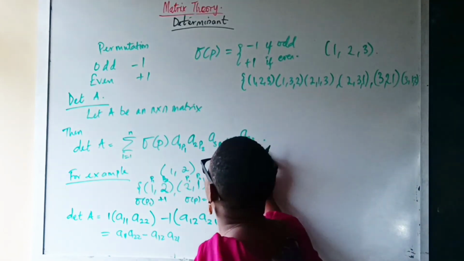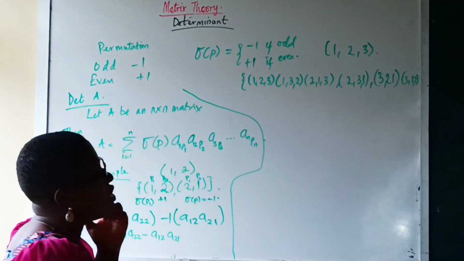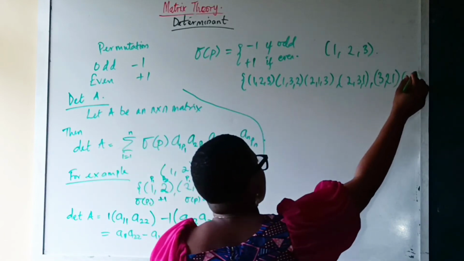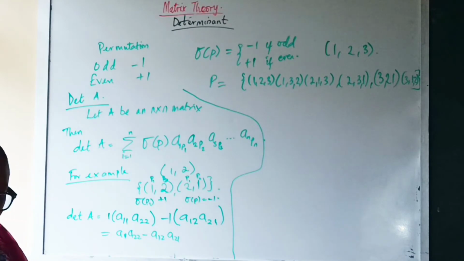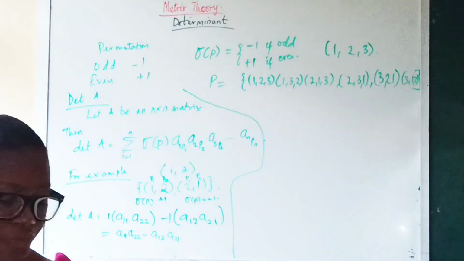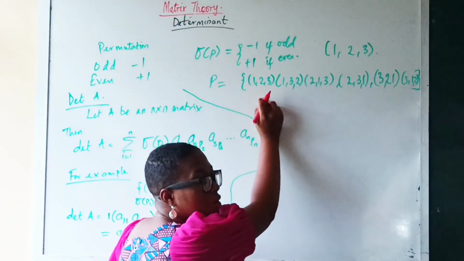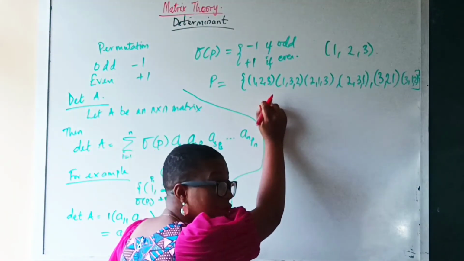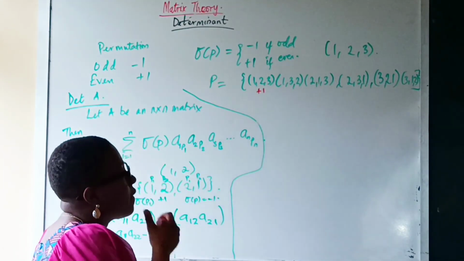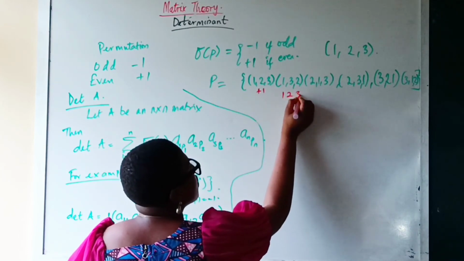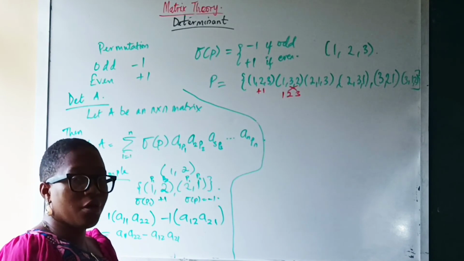So if I want to use this formula, the first thing I need to do is get my sigma of P for each of them. Now, if I relate this to 1, 2, 3, the number of swaps is 0, right? It is even, and if it is even, it's plus 1. That's good. If I relate this with 1, 2, 3, the number of swaps is 1, which is odd.